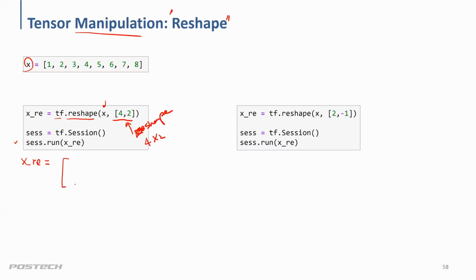So, 1, 2, 3. Oh no. So I guess it will be like, no, it's transpose. No. Oh sorry, so yeah, it's 4 by 2, right? So again, it's like that.